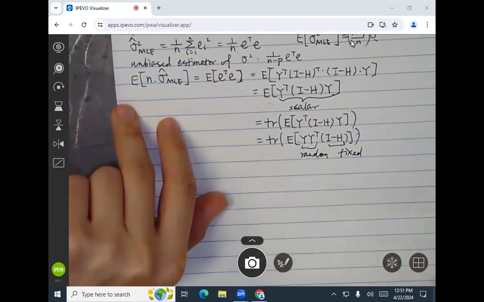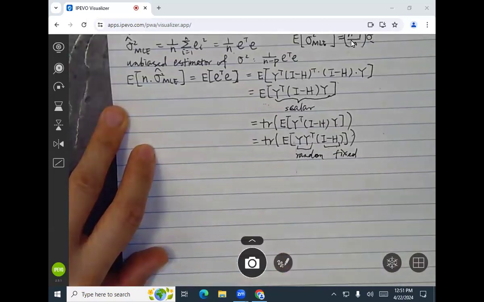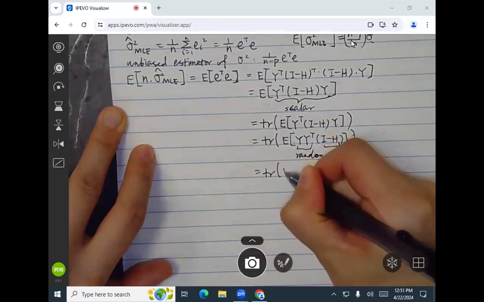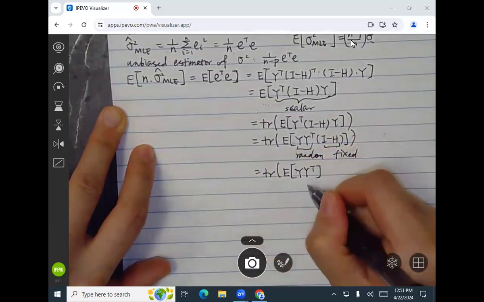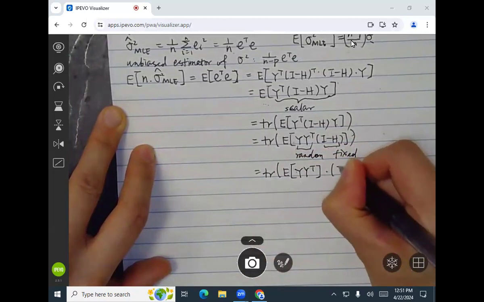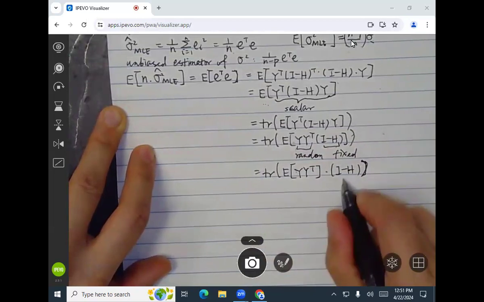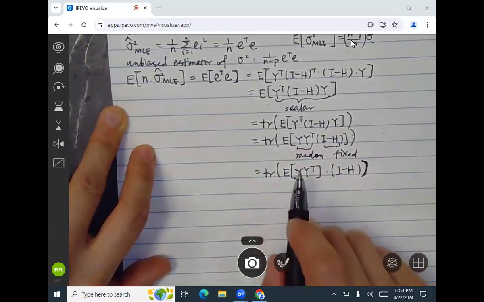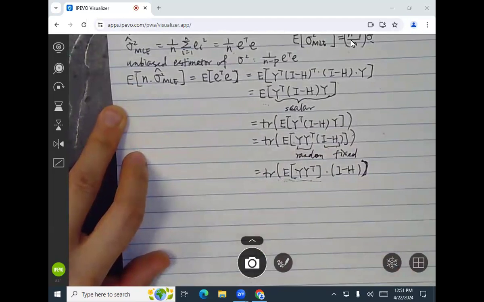So when I talk about expectation, I only keep the random part in expectation. And this will give me the trace of the expectation of Y times Y transpose, an n by n matrix, times I minus H. So this I minus H is out of expectation, but inside the trace. And then what remains is to get this expectation of Y Y transpose.